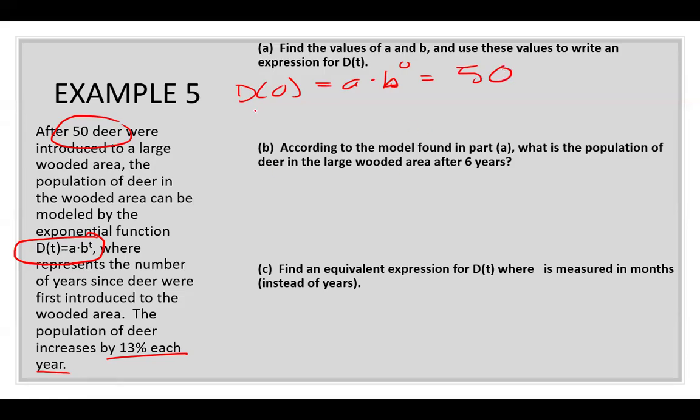Okay, good. All right, next, after 1 year, they notice that it increases by what? 13%. So this is where it gets interesting. We have our D of 1 is going to equal, well, we know our initial. What was our initial? 50.